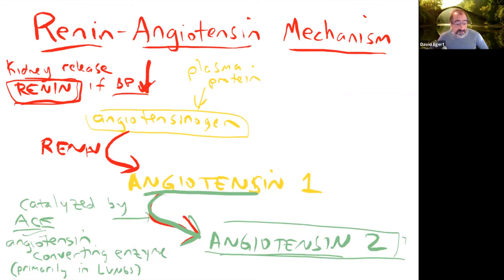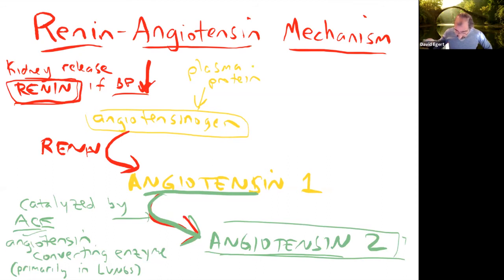So unfortunately, ACE has been in the news not because of blood pressure control, but because it's the way the coronavirus spike protein gets into your cells and gives you COVID-19. But let's stay focused on pressure right now.